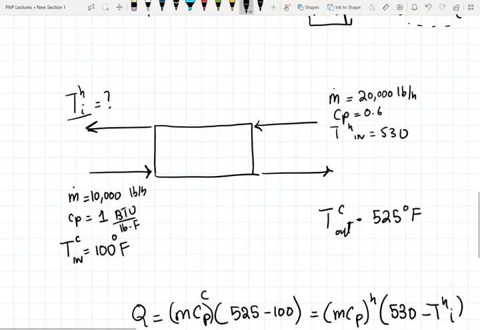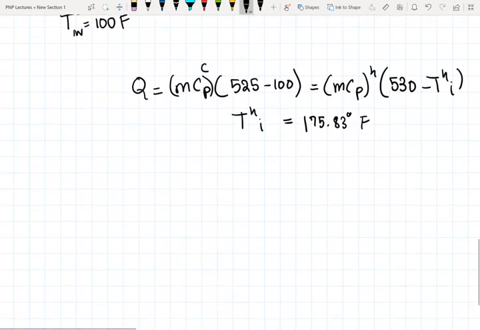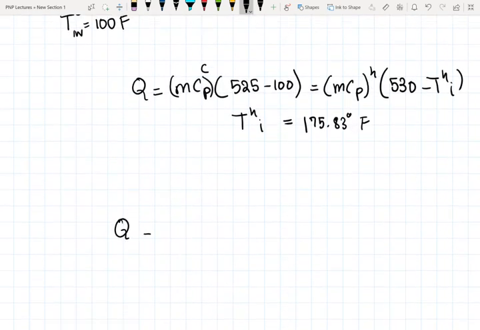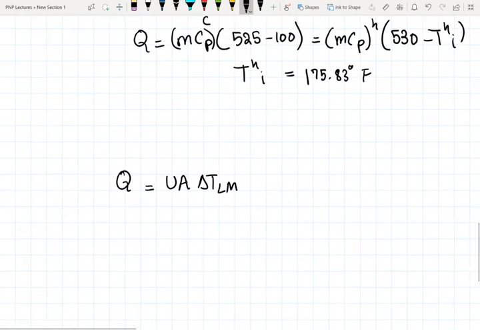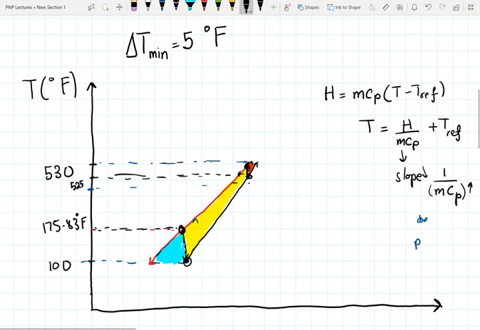Okay, so we know the temperatures of all streams, and once we know each stream's temperature, we can use the design equation to find the area of the heat exchanger. Now, yellow represents the heat exchanger, so in the yellow region you're going to have the area of the heat exchanger.